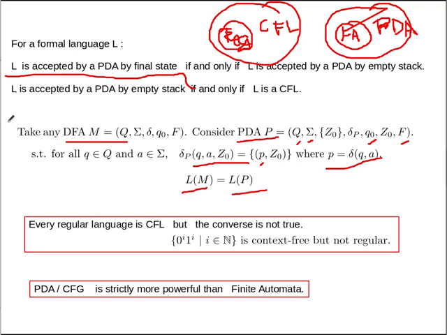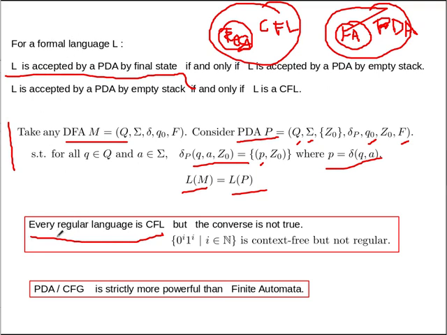So what this is saying is that every regular language can be accepted by a PDA by final state, and then combining with this, that L is accepted by a PDA by final state if and only if it is a CFL, these two together mean that every regular language is a CFL. So we have this hierarchy. Okay.